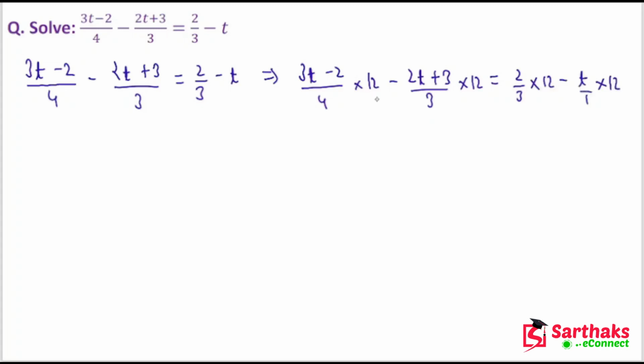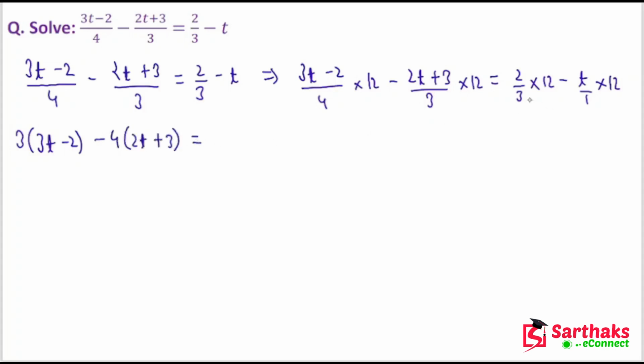So we have multiplied both the sides by 12, and you can see that all the terms are multiplied by 12. Now cancelling out 4 and 12, we will get 3. So it will be 3 into (3t minus 2) minus, cancelling, we will get 4, so it will be 4 into (2t plus 3).